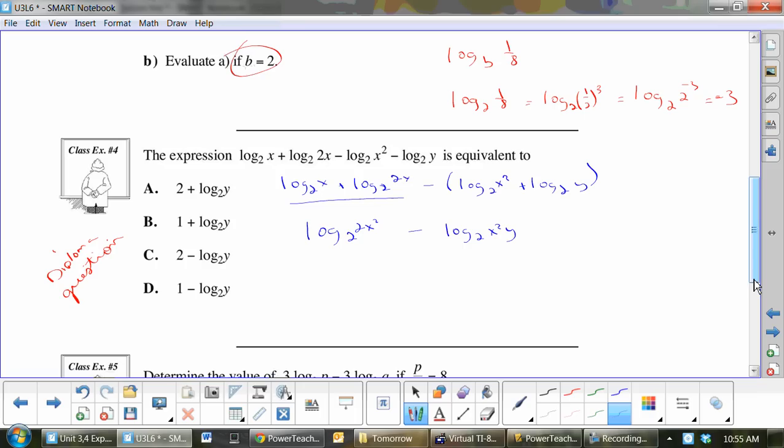Now I'm going to do the subtraction, which turns into division, which turns into log 2 of 2x squared over x squared y. Okay, double check yours. We should all be in the same place at this point. Now I am going to divide this out. These cancel, and I am left with log 2 of 2 over y.